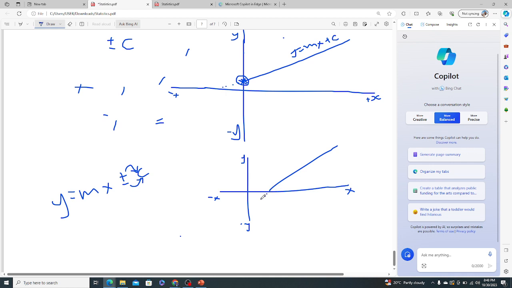If we extrapolate this, you'll find that this regression line will cut our y-axis at a negative side. So in this case we'll say that our y will be mx minus c. Why? Because you can see it cuts the y-axis on the negative side.